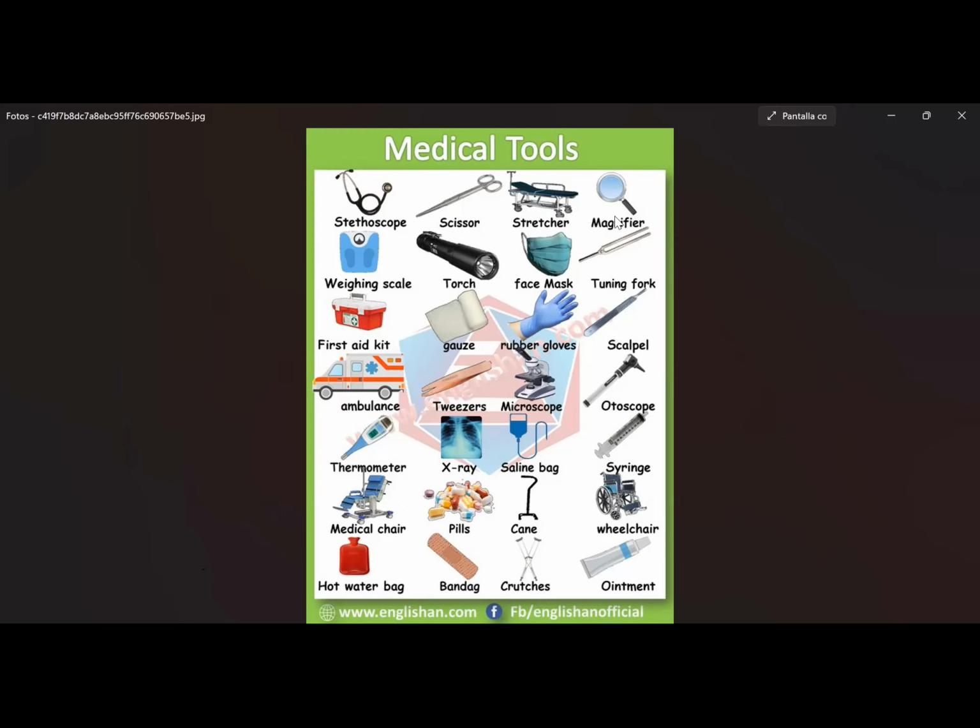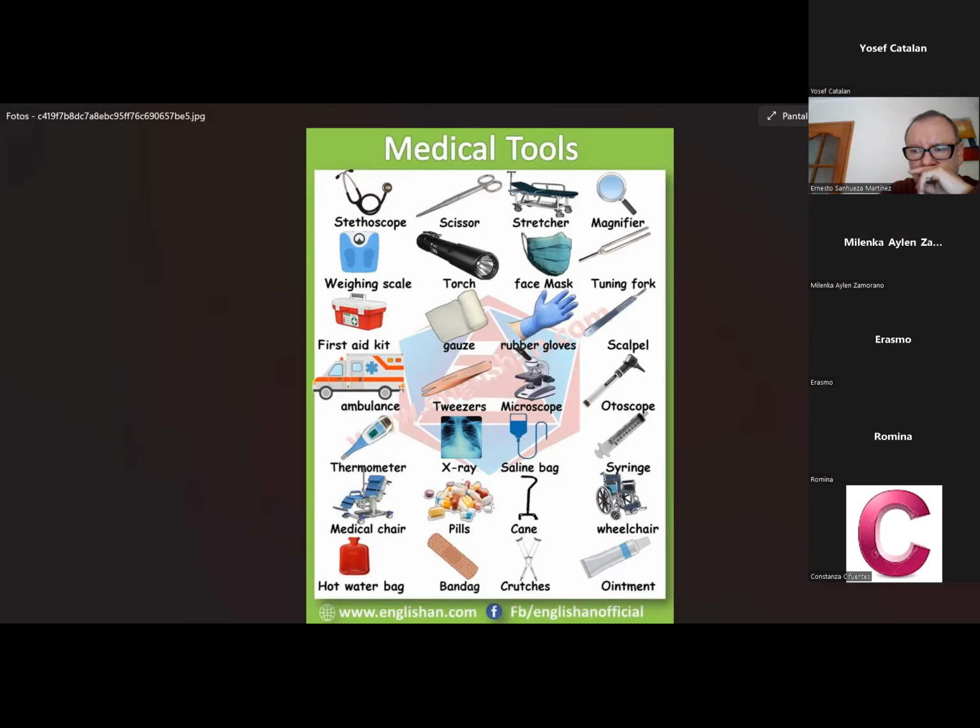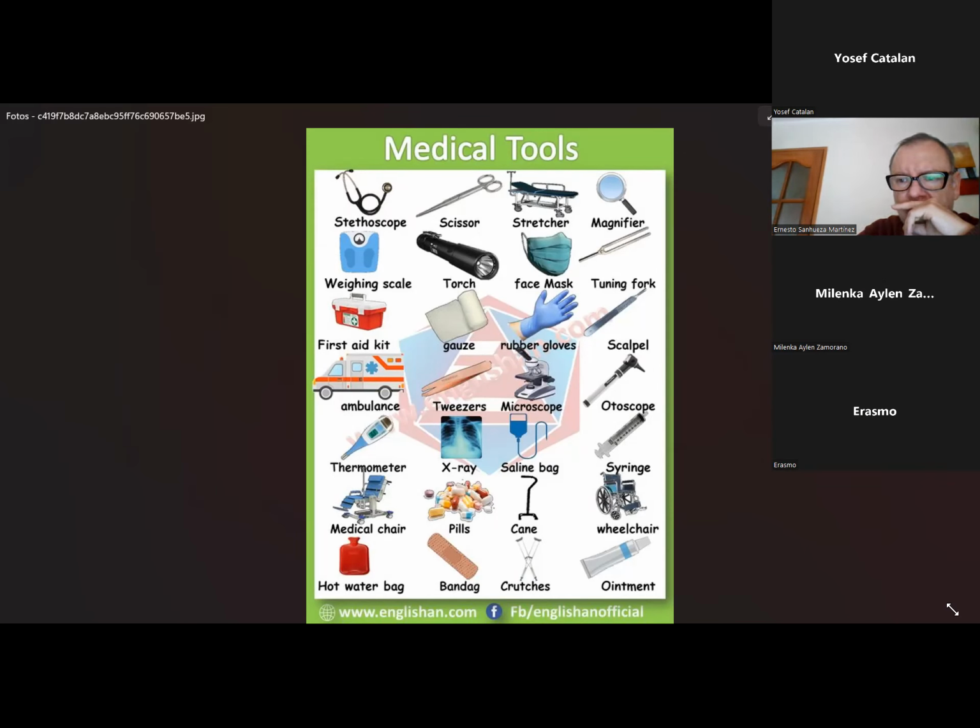So what about the first? Can you repeat after me? Stethoscope. A ver, Joseph, dale, stethoscope. Stethoscope. Okay. Joseph, do you have one stethoscope? Yes. You have one? Okay. ¿Cómo pronuncio fisiología?